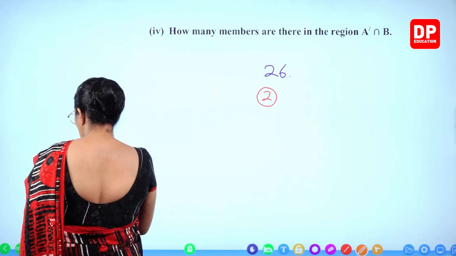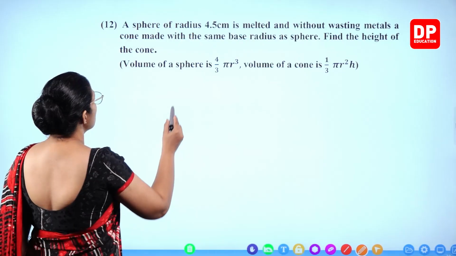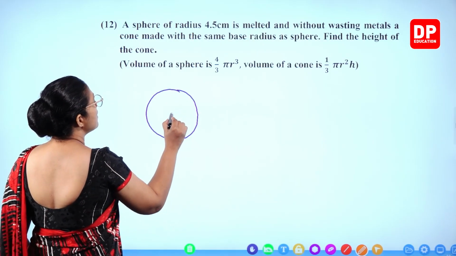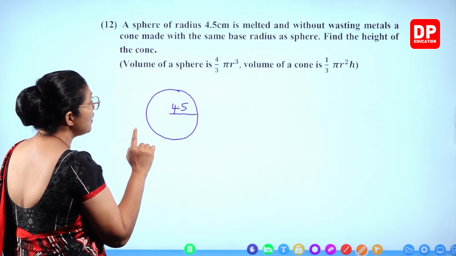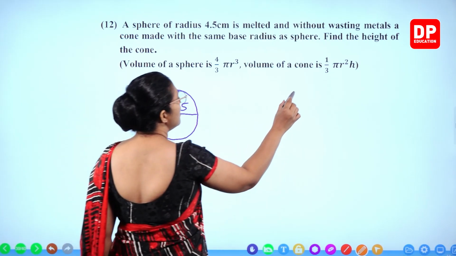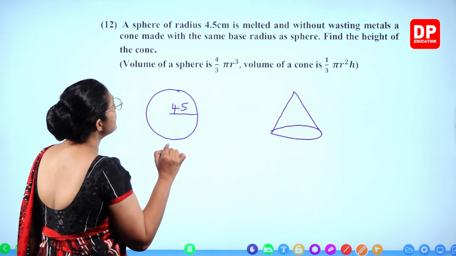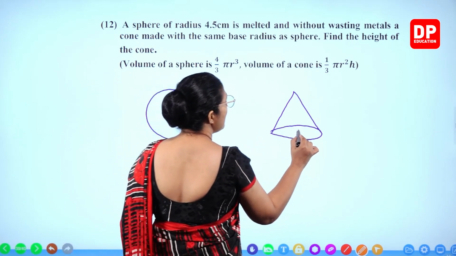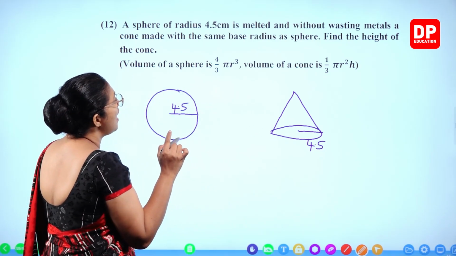Let's do the last question. Question number 12. A sphere of radius 4.5 centimeters is melted, and without wasting metal, a cone is made with the same base radius, that means the same 4.5 as the sphere.